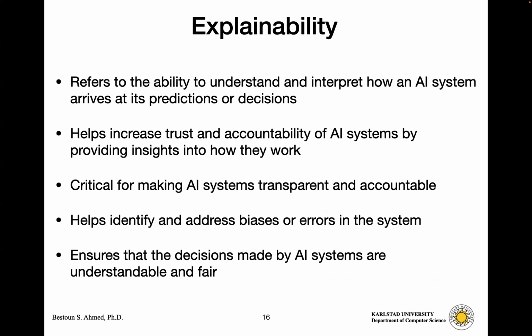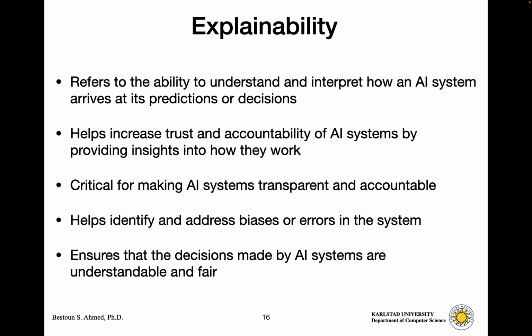This interpretability contributes to the explainability of the model, which refers to the ability to understand and interpret how an AI system arrives at a prediction or decision, as we said. This is also a regulatory requirement in the EU: every decision made by an AI that affects human life or similar should be interpretable.